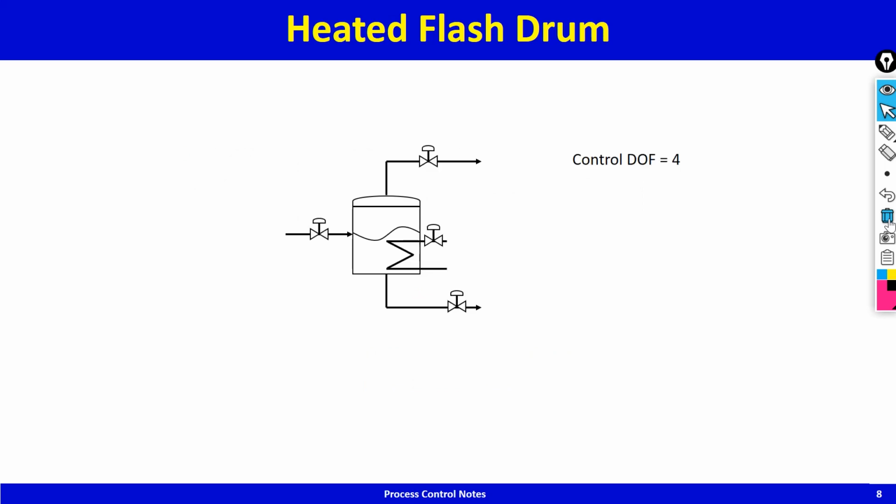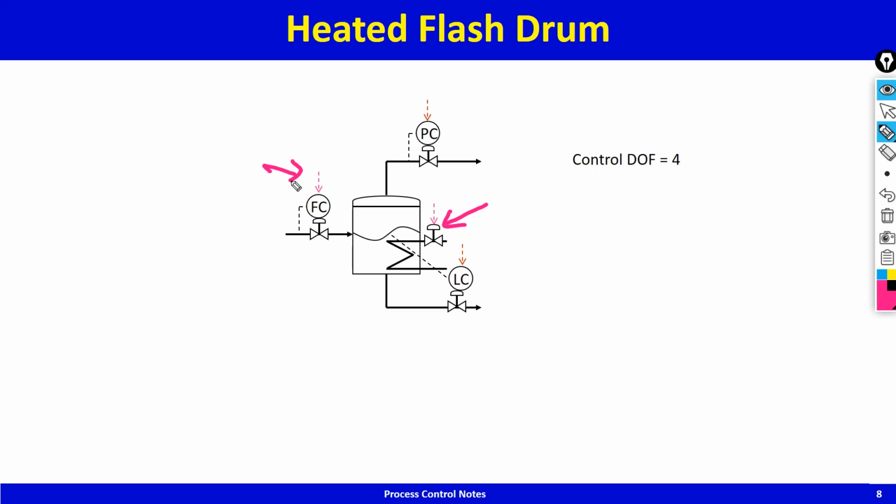The control valves are independent, as shown there, and so the control degrees of freedom is 4. Now, you fix the heating rate, and the inflow is fixed.